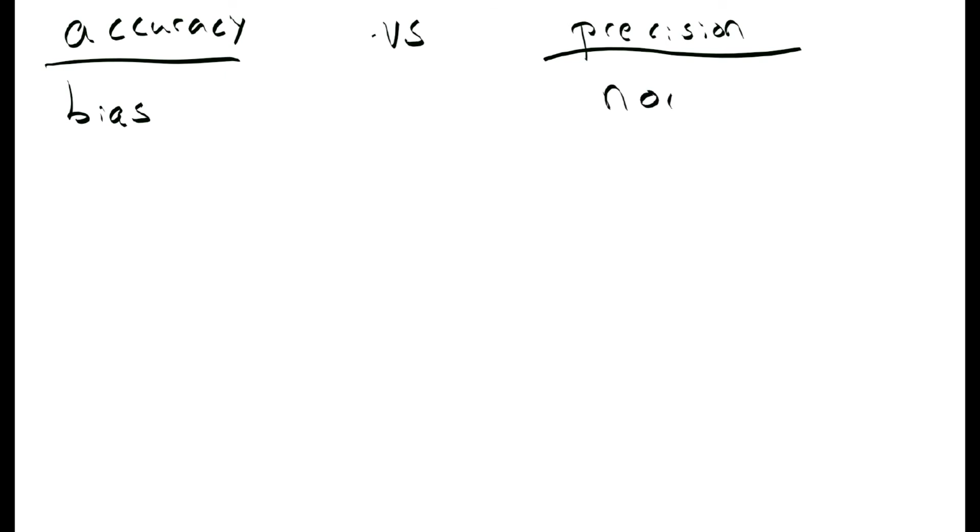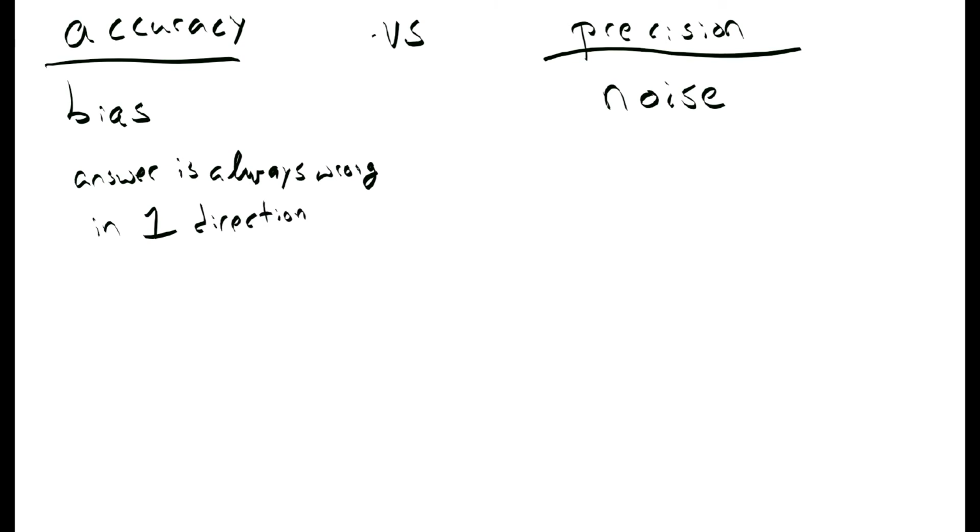Precision is talking about noise. So bias means the answer is always wrong in one direction. Another way you could talk about that is skew. Your results are always off in the same direction.